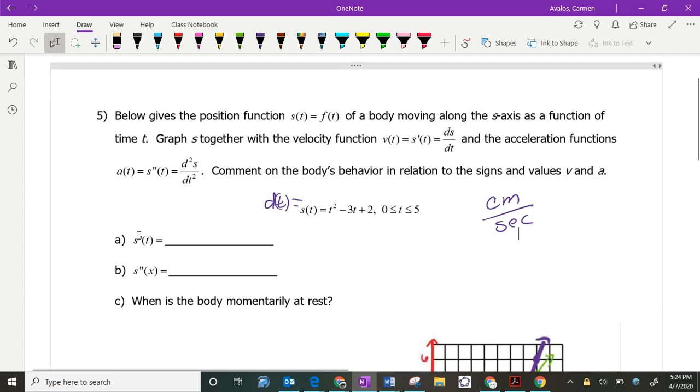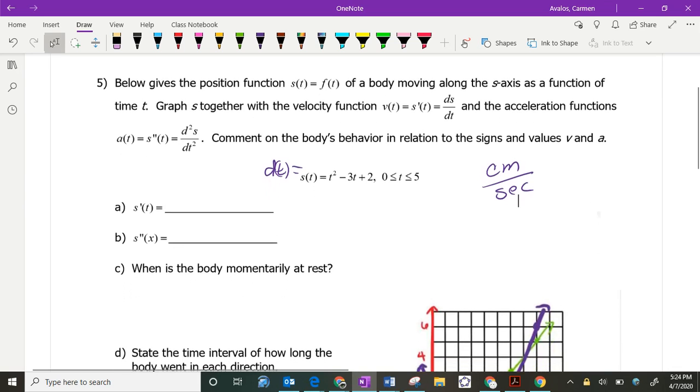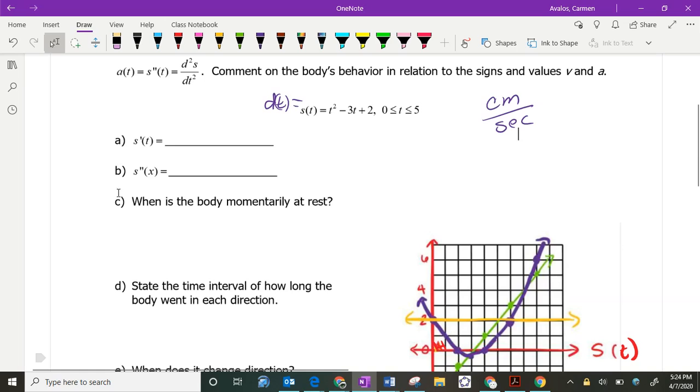So we're using centimeters and seconds. Here's our first derivative and our second derivative. If I take the first derivative, it's going to be our v of t, and that is going to be 2t minus 3. The second derivative is going to be our a of t, and when I take the derivative of that, that gives me 2.